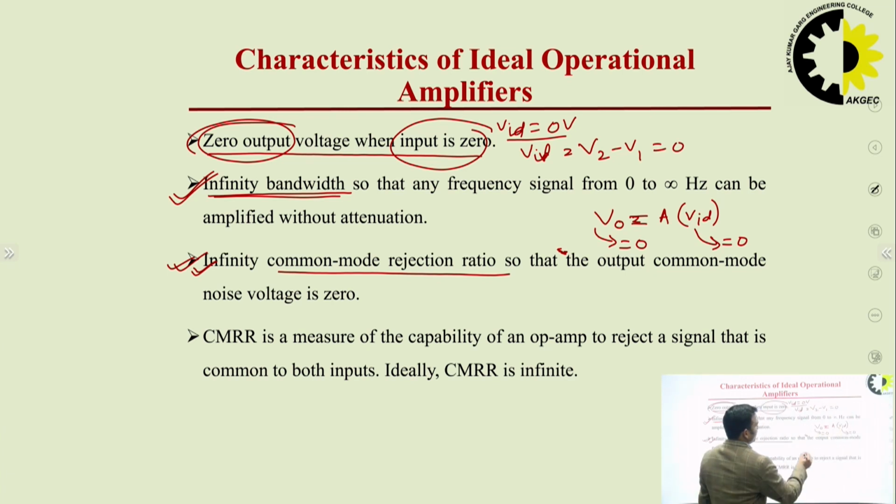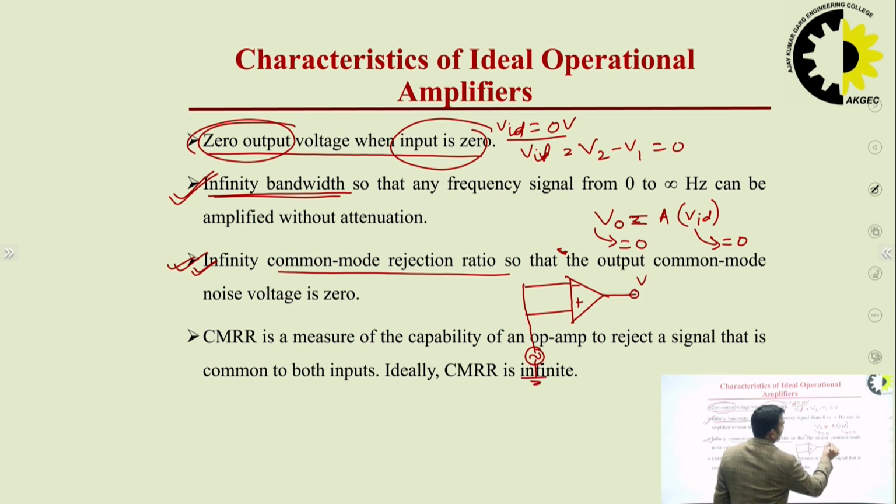For example, if this is the amplifier, and we are applying the same input to both the inputs, at that time the output should be equal to 0.